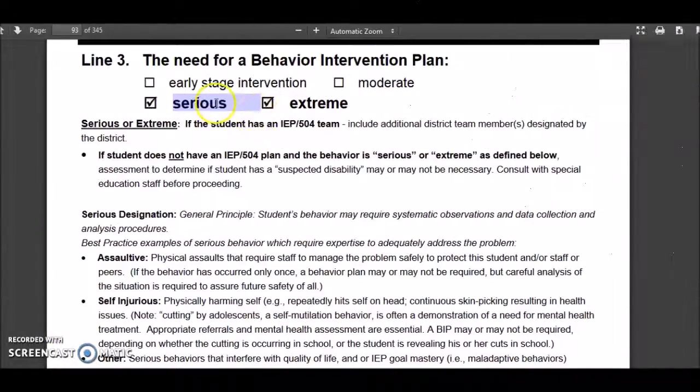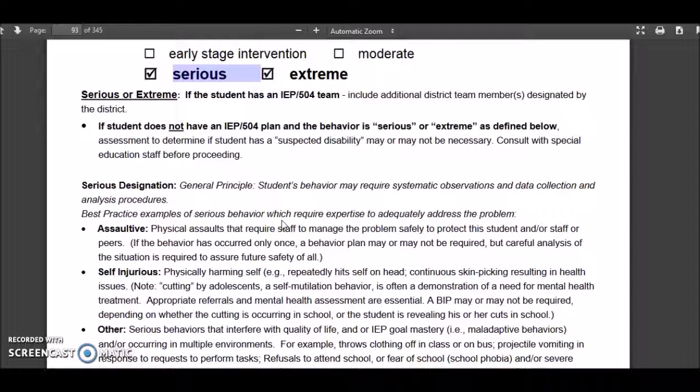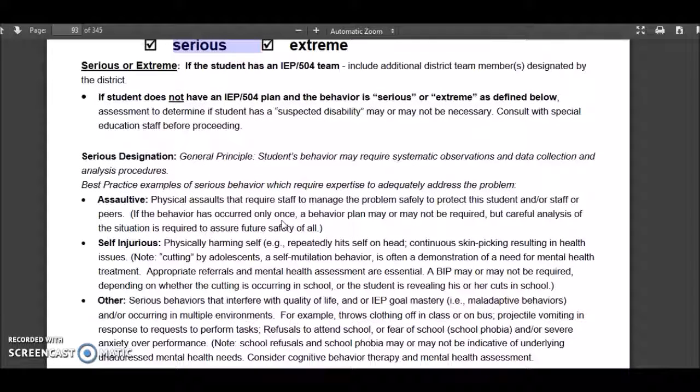The third behavior stage is the serious stage, and that's when the team would need to have systematic observations and data collection. There might even be a need for one of the staff members to be trained specifically for interfering with the behavior. One of the behaviors that would be considered serious is assaults, physical assaults to a staff member or another peer.